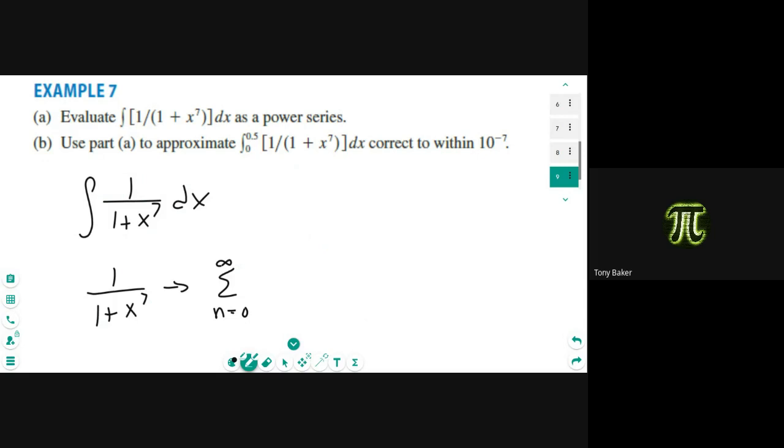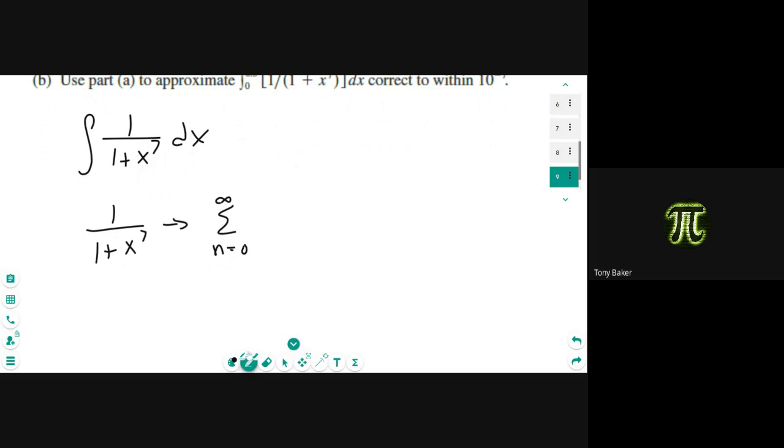What's u going to be? Like the previous one, where x squared became x to the n, would x to the 7th become x to the 7n? Yeah. Now, do you want to see why?